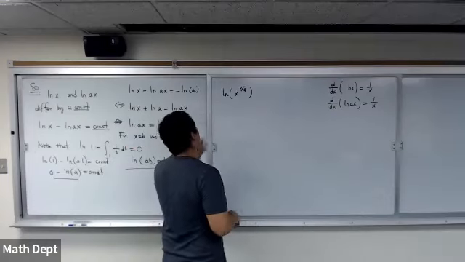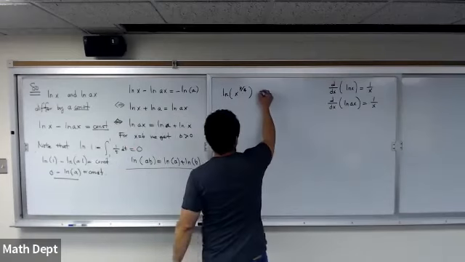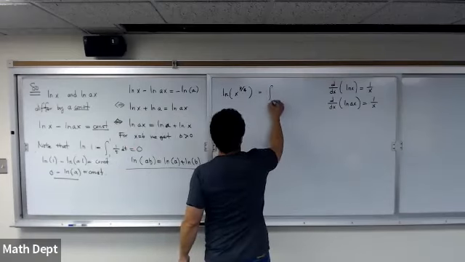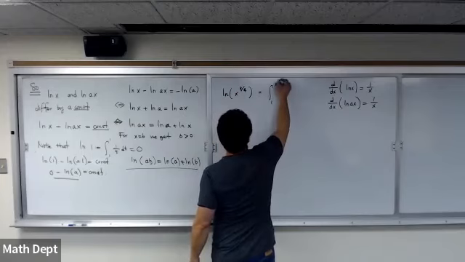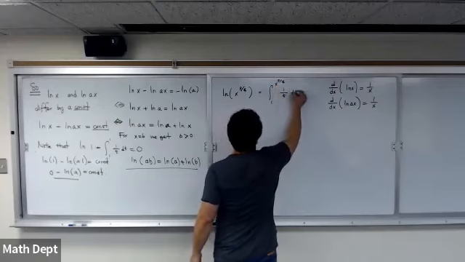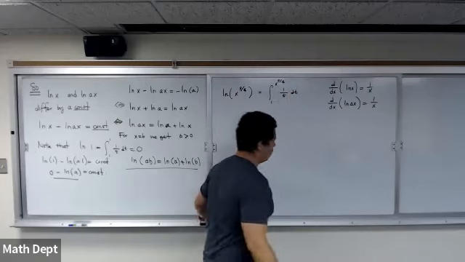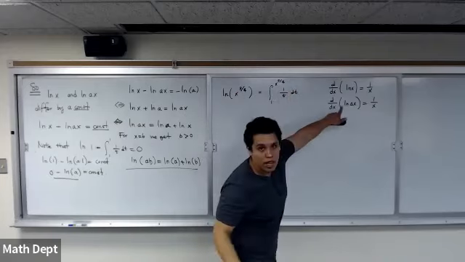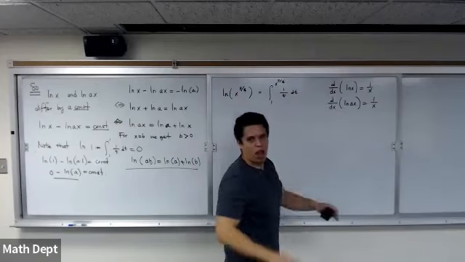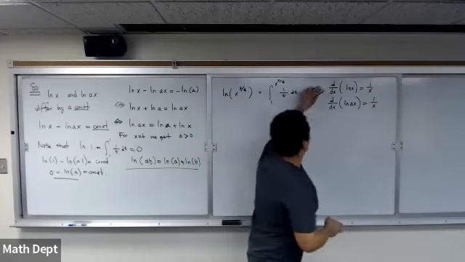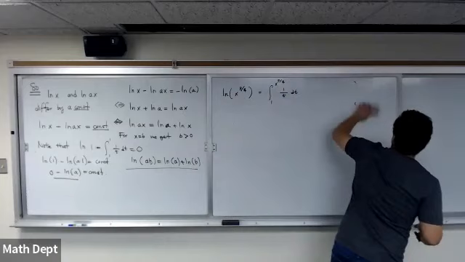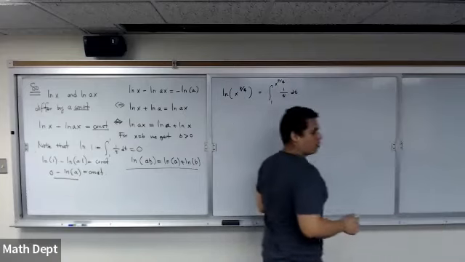So, what is this thing? By definition, this is the integral from 1 up to x to the p over q of 1 over t dt. Now, this one was very successful. This comparison, I will do exactly the same thing, hoping that I get what I want.